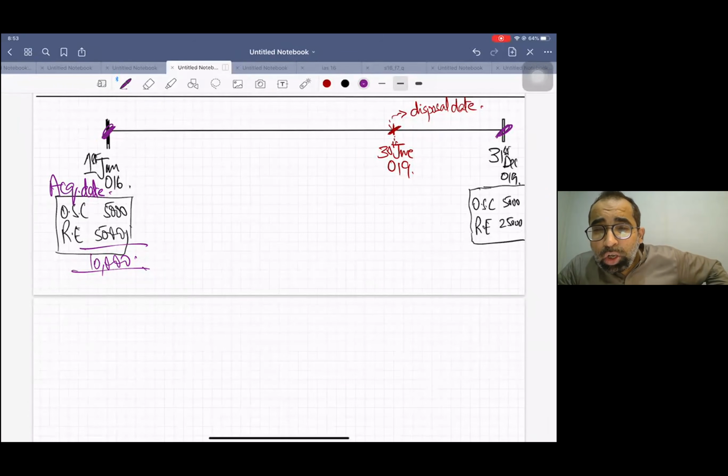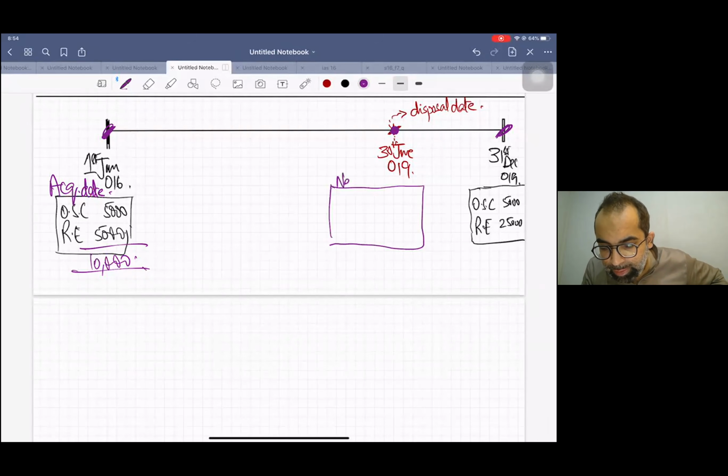But the disposal date is 30th June 2019. So now, by hook or by crook, you need to calculate net assets of S company at this disposal date.